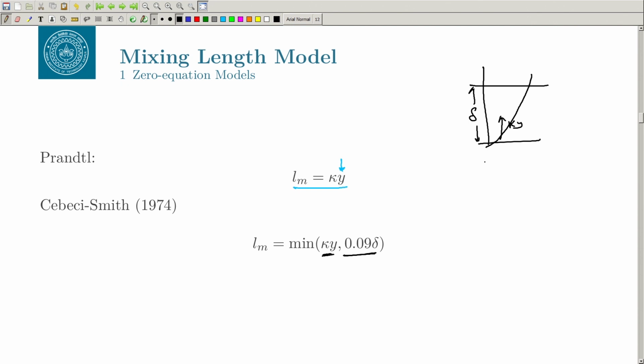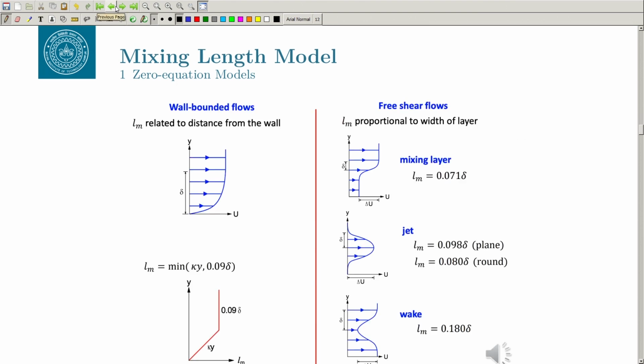Then you can take a measure from the kappa y as well as the delta, which is 9% of the delta, and take which one is the minimum, and you can take that for getting the eddy viscosity. So, this is the model proposed by Cebeci-Smith, and it has shown some improvement over the Prandtl's mixing length model.